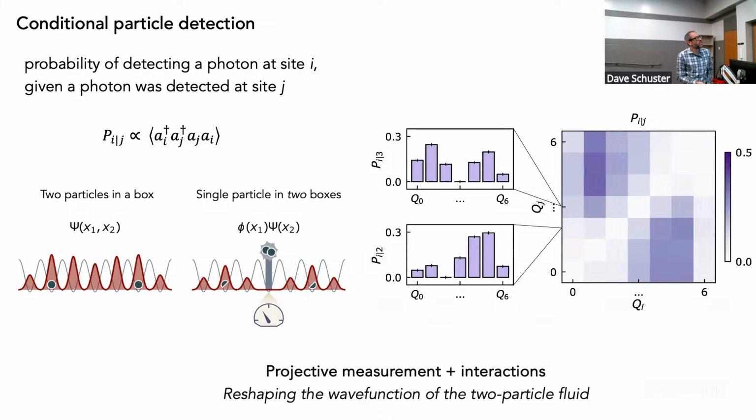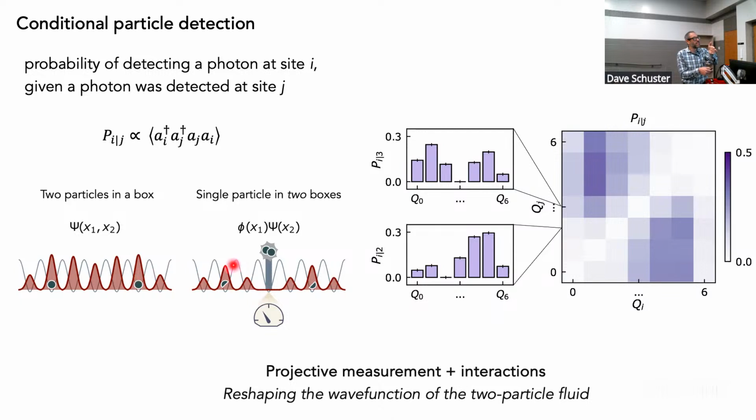Let's say we have 2 particles in this box. You can do this both formally, mathematically, or in our experiment you can think of it this way: imagine you measured one of those particles. Then you know where that particle is, and the other particle can't be there because there's only one, so it's almost like a wall.